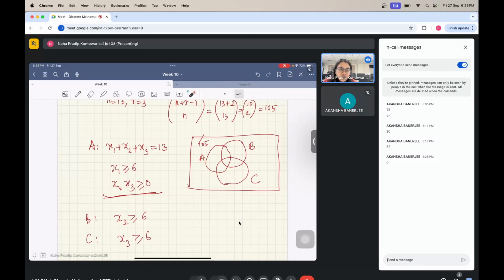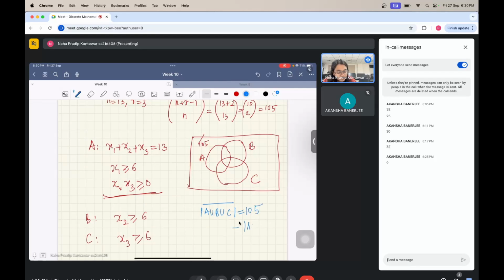and what we are interested in finding is the area that is outside here. So that is similar to what we were doing all this time. Essentially what we want is A union B union C complement, and we know the total number of solutions is 105.